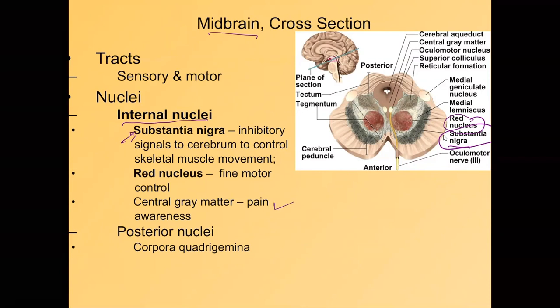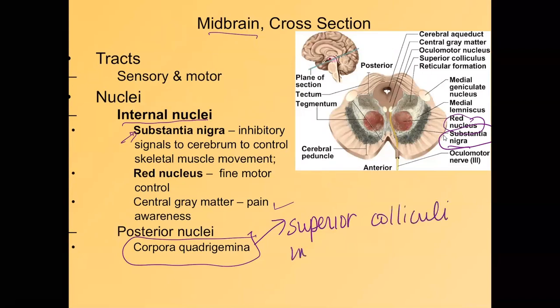Okay, now in this, we also have this thing called the corpora quadrigemina. The corpora quadrigemina is made up of two things: the superior colliculi and inferior colliculi. Okay, so here's the superior one, and I'll show you on another picture.